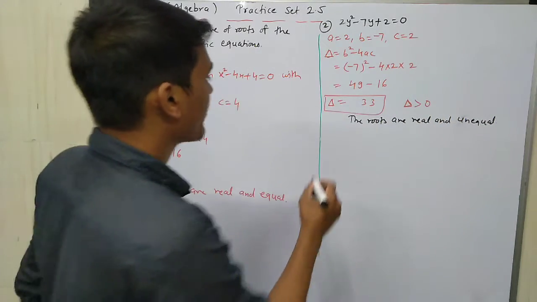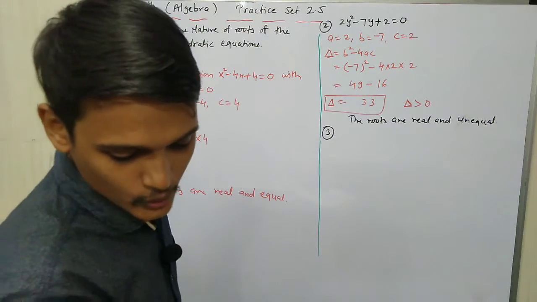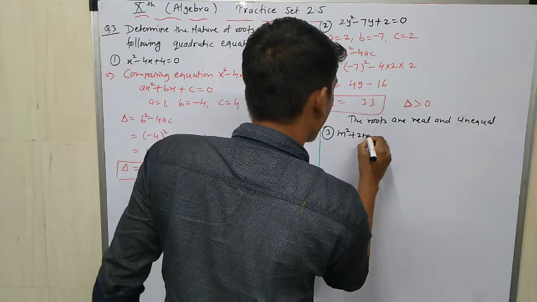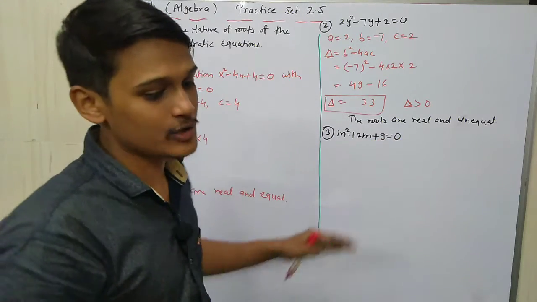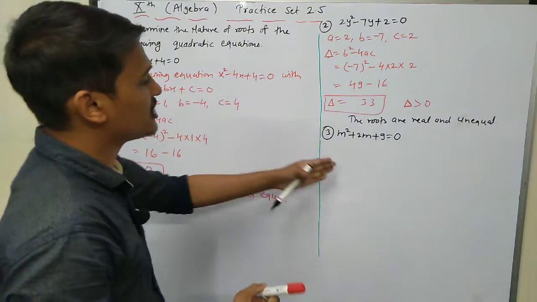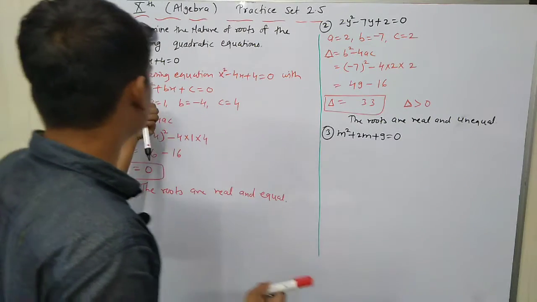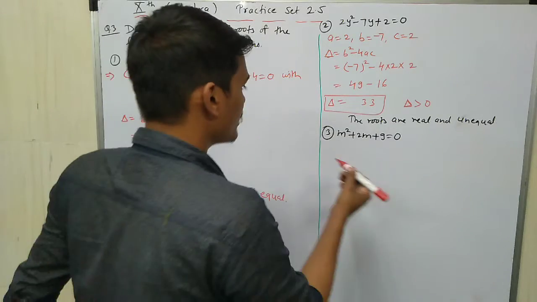Understood? Now third question. Question number third. m square plus 2m plus 9 is equal to 0. Understood? Same, comparing equation m square plus 2m plus 9 is equal to 0 with ax square plus bx plus c is equal to 0. Write down here. Understood?